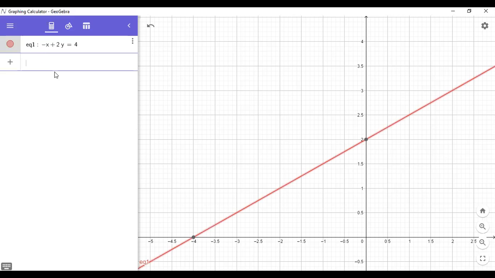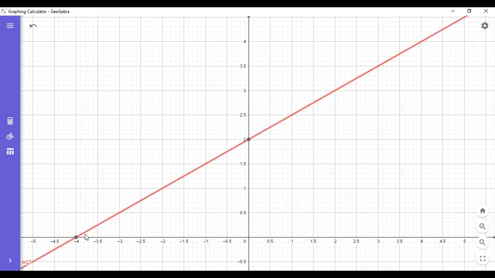As you can see, once I have written my equation, I'm getting a line like this. This is the similar line that you just saw in the graph.